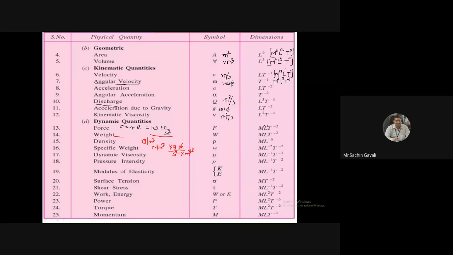So dynamic viscosity mu is equal to what? Newton second per meter square.